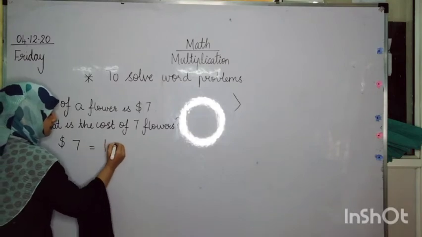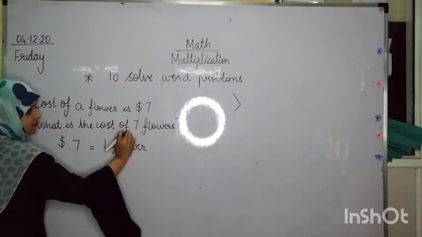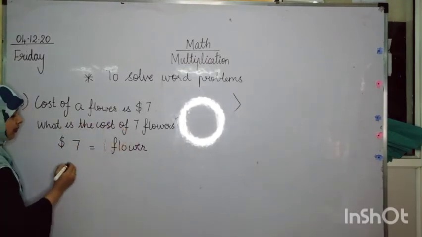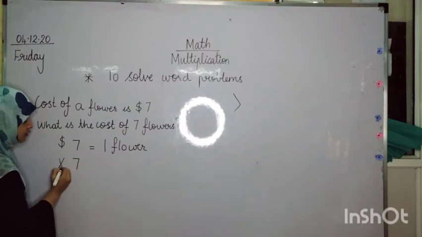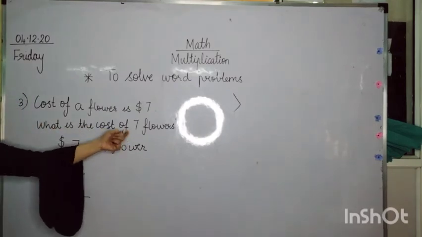We have to find out the total amount of 7 flowers. So we will write 7 and we will do the multiplication to find out the total cost of 7 flowers.